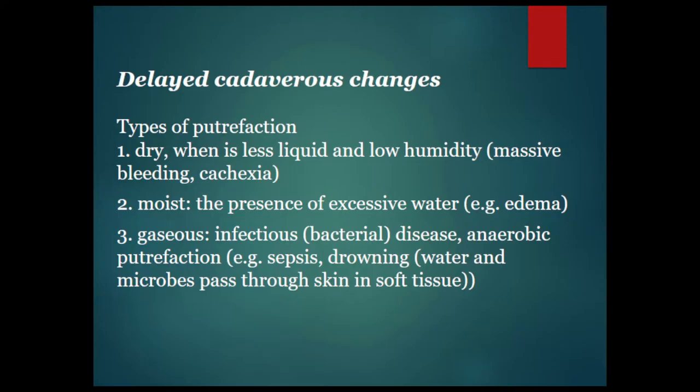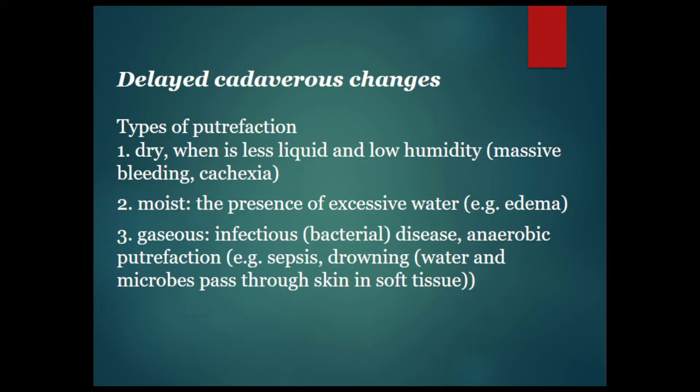We usually see three types of putrefaction. Relatively slow, dry putrefaction, when the body has not enough liquid and the humidity of the environment is low. Moist putrefaction in case of excessive water, like in case of edema before the death, and gaseous putrefaction.